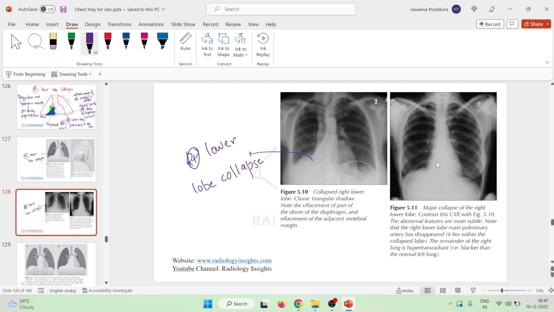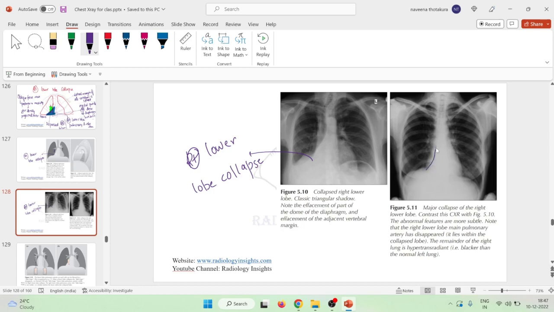Normally we can trace the bronchovascular markings present on the heart, but in right lower lobe collapse the abnormality here is not as evident as in the first picture. In the first picture, this triangle is clearly evident, but in the second picture it almost looks like a normal chest X-ray.